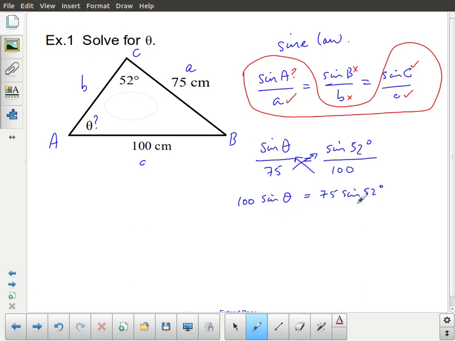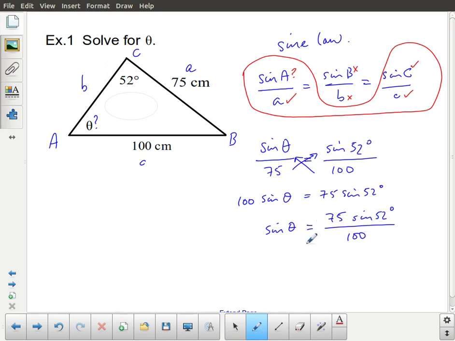One of the things you'll notice, or maybe you've already noticed with my videos, is that I prefer to do most of my algebra, or as much of my algebra as possible, before I go to a calculator. So I'm not going to calculate this yet. I'm actually going to isolate completely for sine theta, which becomes 75 sine 52 degrees over 100.